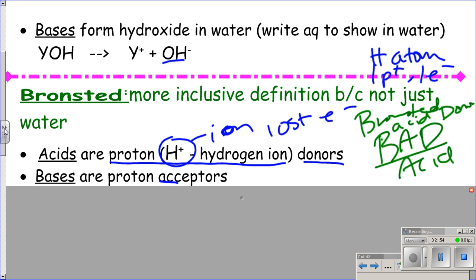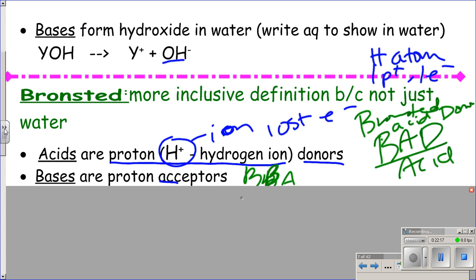Got it? They're bad acids. You've got to be careful with them. There's nothing good about them. Blah. Bronsted bases are acceptors. Bad acids are acids. Our Bronsted acids are donors. And blah is Bronsted bases are acceptors.